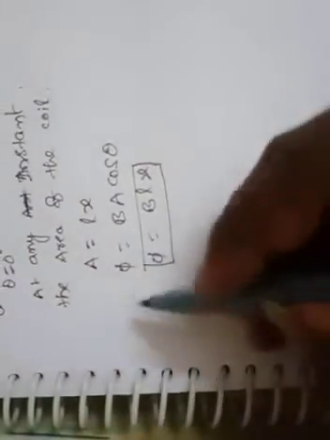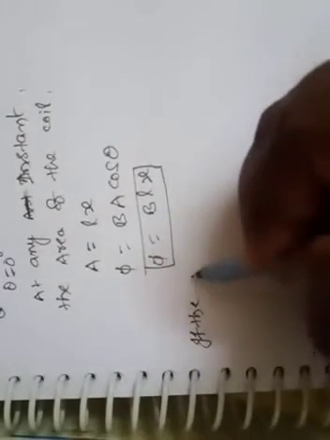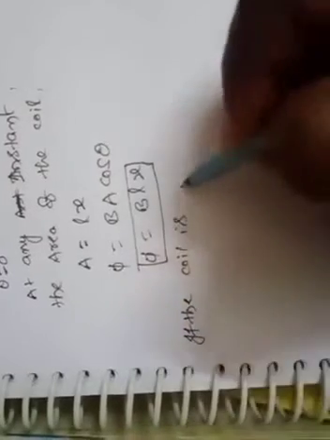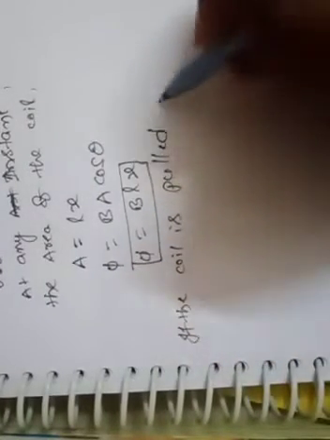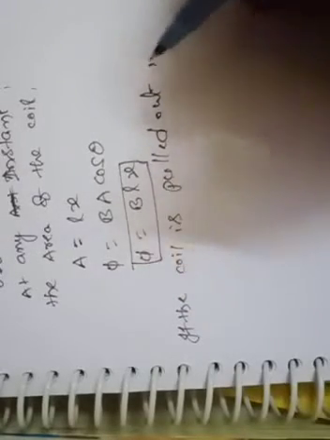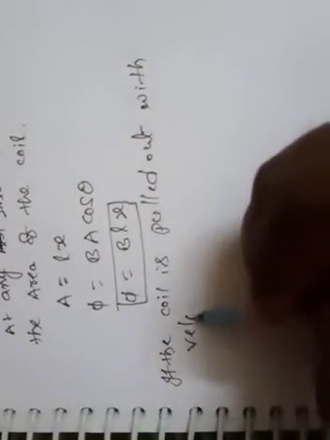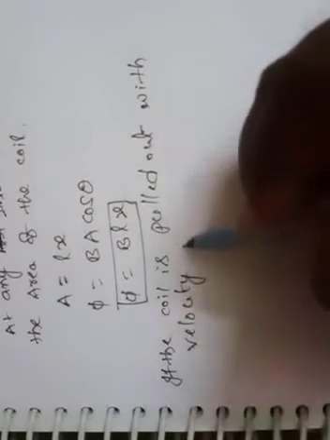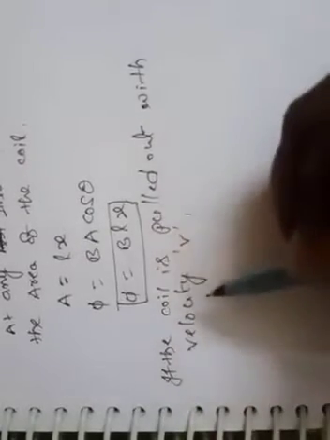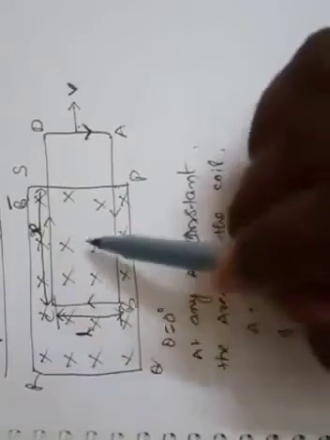Now if the coil is pulled out with velocity v, then the flux through this coil is going to change.